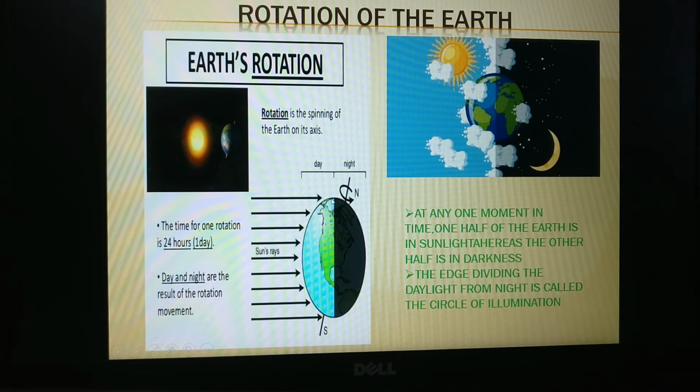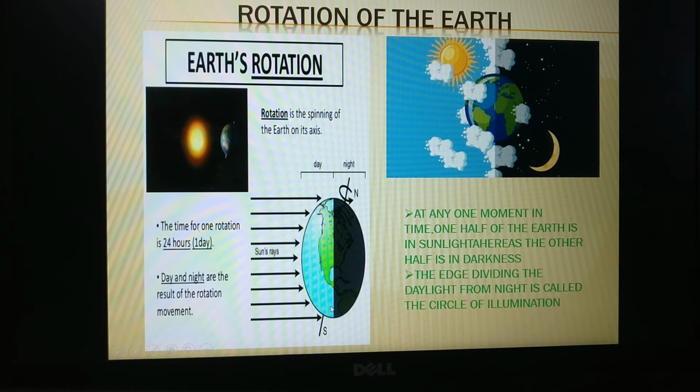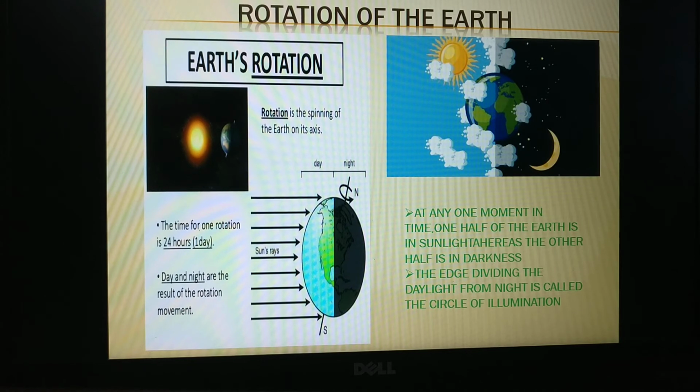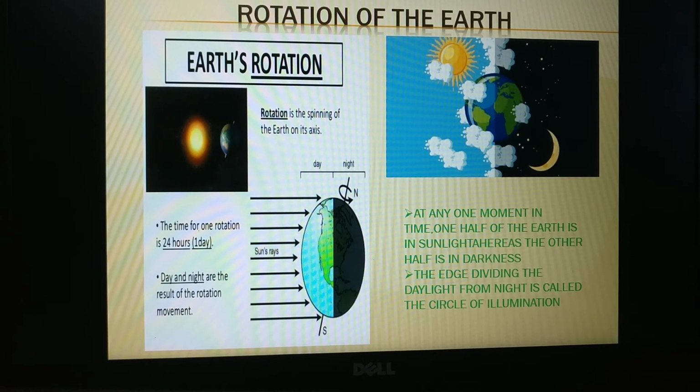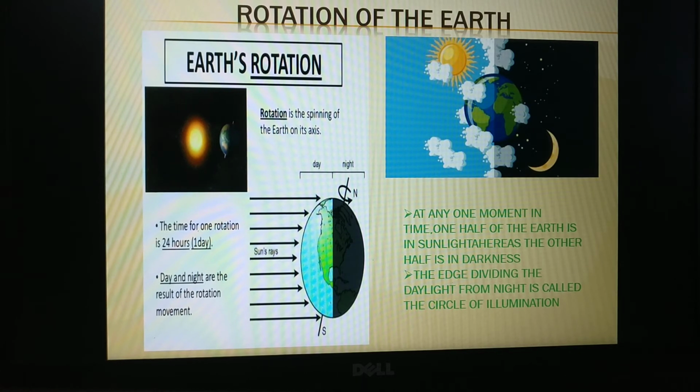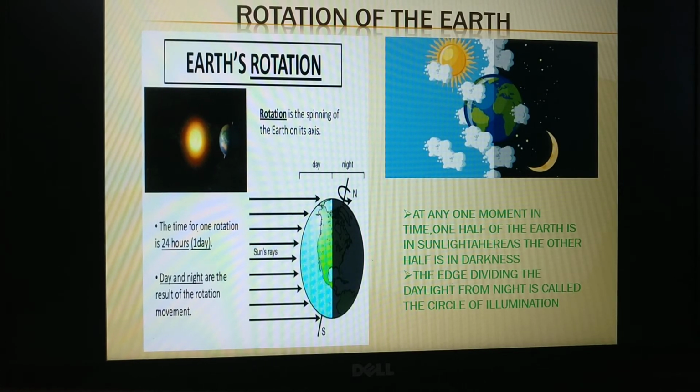If you can see this edge, this is the circle of illumination. The period of rotation is known as the earth day. This is the daily motion of the earth. This daily rotation of the earth is called Earth Day.